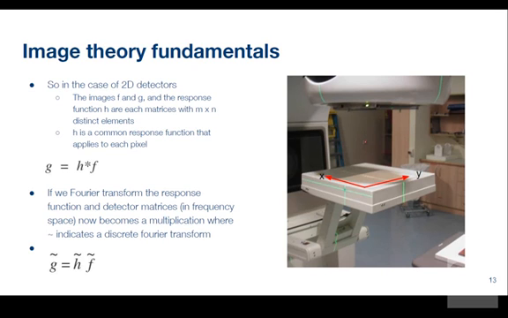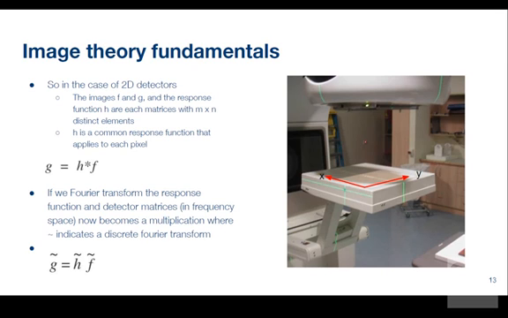The reason being that if we can do the Fourier transform into frequency space, then this relationship becomes a simple multiplication, and it means that we can start to separate them. Matrix multiplications and divisions are much easier to manage than the convolution in real space.